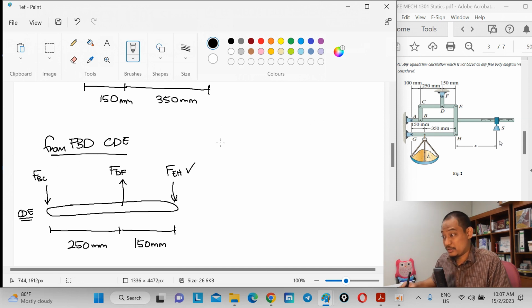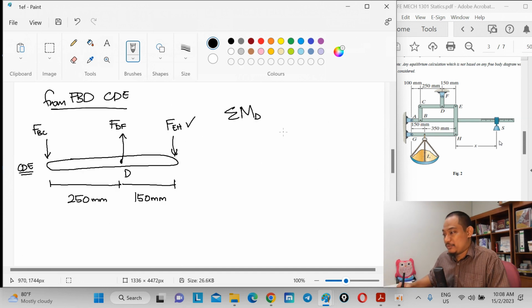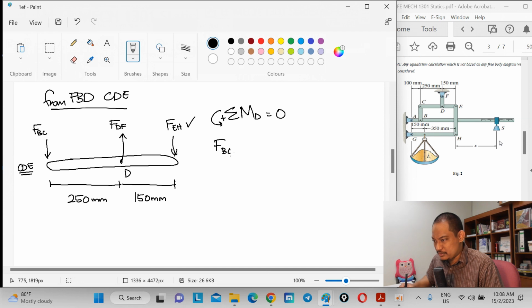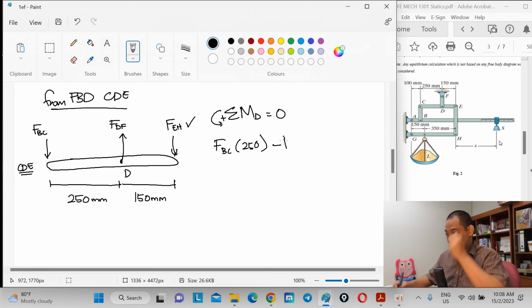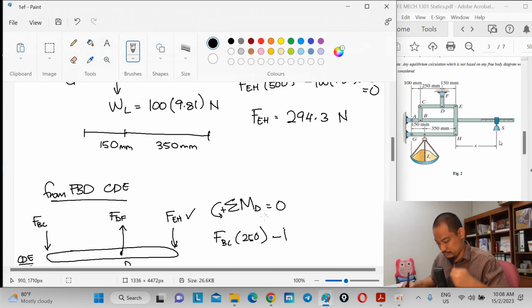Because it's connected to the rest. So summation of moment about point D. Okay, this is point D. Summation of moment about point D equal to 0 if we take counterclockwise as positive. So you have FBC times 250. You have minus FEH, which is 294.3, times 150.